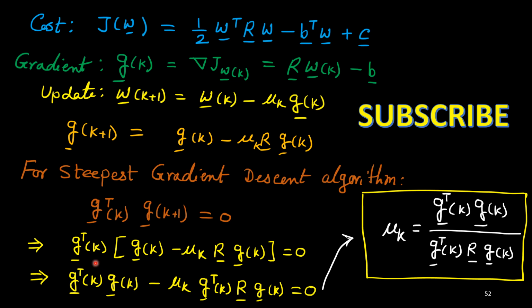So mu k would be g transpose k gk upon g transpose k R times gk. This is the optimal step size. If we replace this mu k in the original update equation, we will get the steepest gradient descent algorithm.